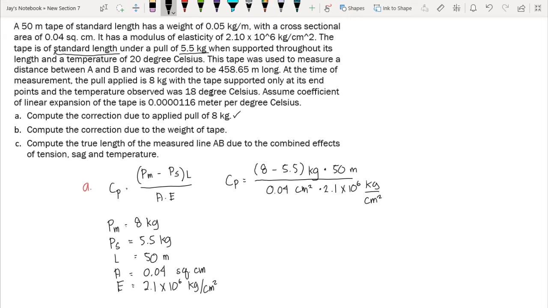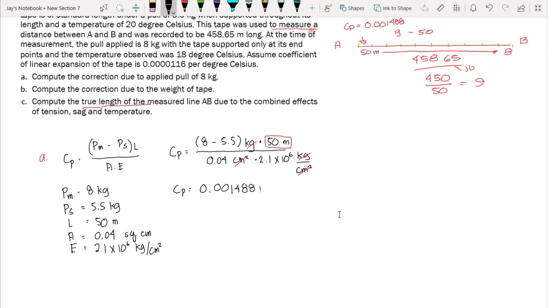So we can cancel out square centimeter and the kilogram. Then the remaining unit would be in meter. So we have CP here, which is equal to 0.001488 meter.